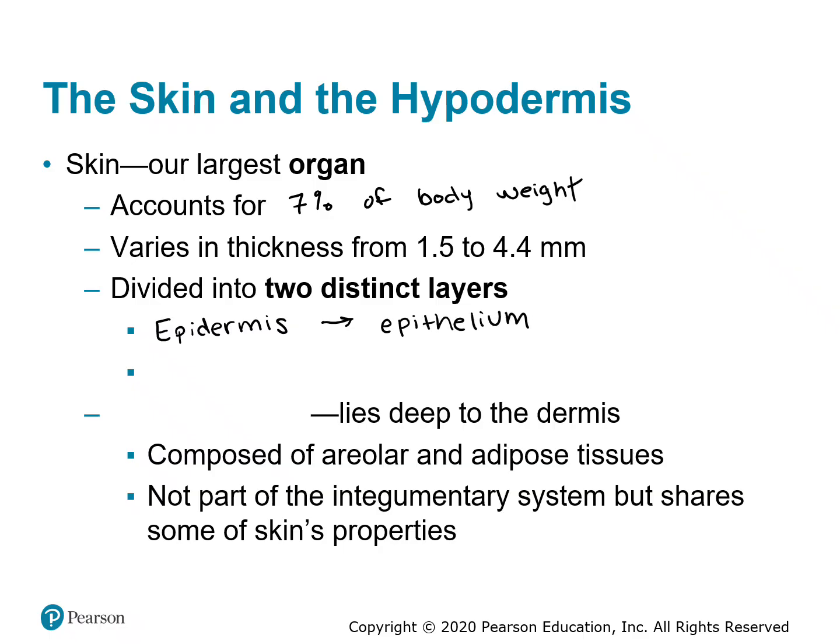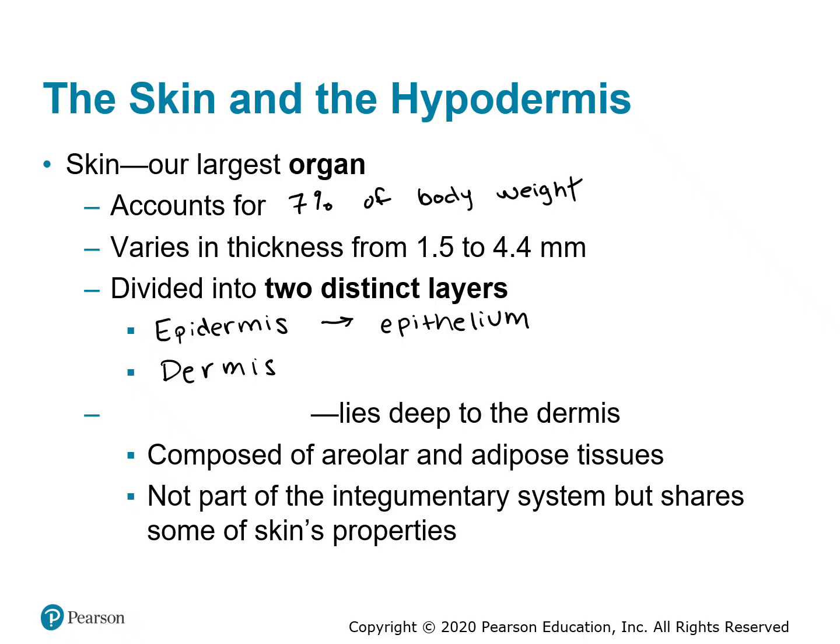Okay. And then the second division is the dermis. Dermis is just below the epidermis. Makes sense, right? Because that root epi means on top of or upon. So the epidermis is right on top of the dermis.